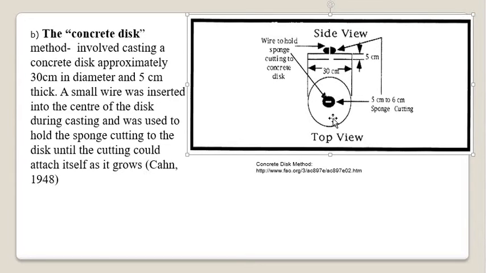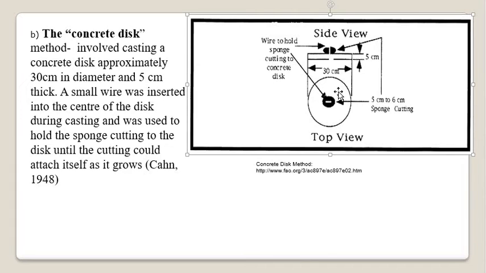And one or two discs are not sufficient for sponge culture. A number of such discs need to be prepared, and a number of laborers are also required for placing them at a proper site, as well as when there is harvesting, each disc needs to be removed from the base and collected so as to collect the commercial sponges.